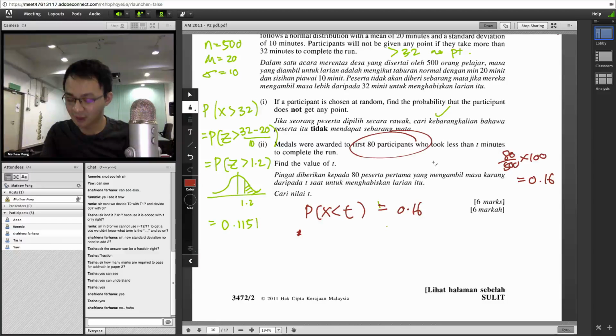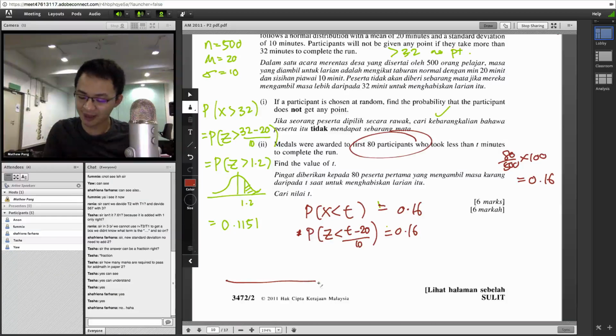Then I will change this into Z. I will do the same thing: minus mean divided by standard deviation equals 0.16. Because it is less than, I will draw out this bell-shaped diagram, less than the mean going in this direction. Half of it is 0.5, and half on the other side is another 0.5. So 0.16 is very small, somewhere here.